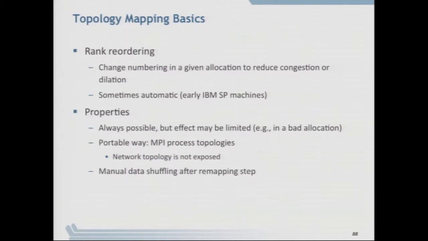Usually, rank 0 will go to the first core or the first node, then 1, 2, 3, in some standard order. But you can create a new communicator using these Cartesian or graph topology communicator creation functions. And in this new communicator, the ranks could be reordered in a way that is a better match for the underlying hardware.